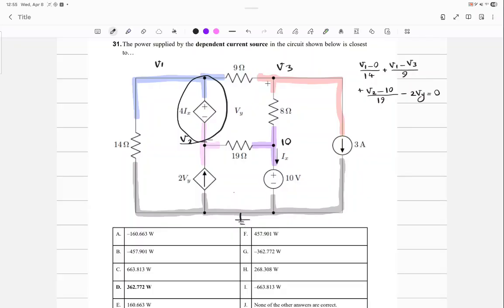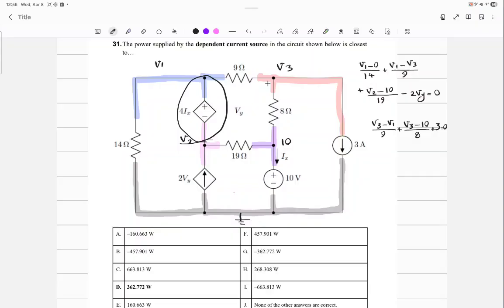That's my first. Where should I write the next one? At V3. So at V3 is V3 minus V1 over 9 plus V3 minus 10 over 8 plus 3 is equal to 0. Right? That is 2 equations.